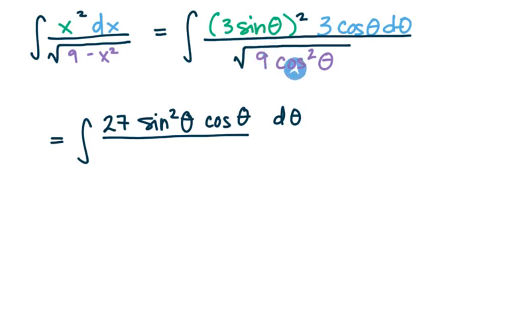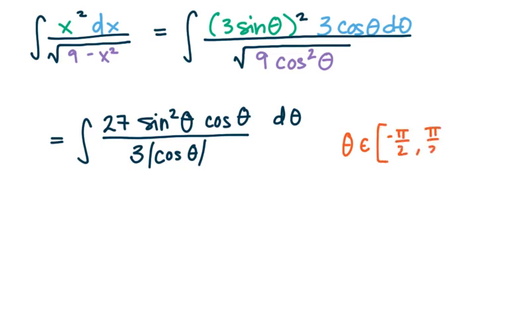The square root of cosine squared is just cosine. So I have 3 cosine theta. And when we write that, technically we need absolute value bars. However, because we are specifying that theta has to be in the closed interval from negative pi over 2 to pi over 2, we can drop those bars, and I can just write 3 cosine theta in the denominator.